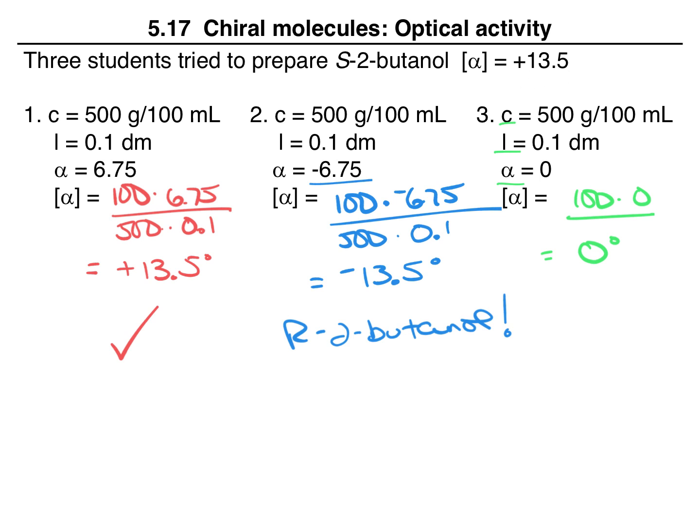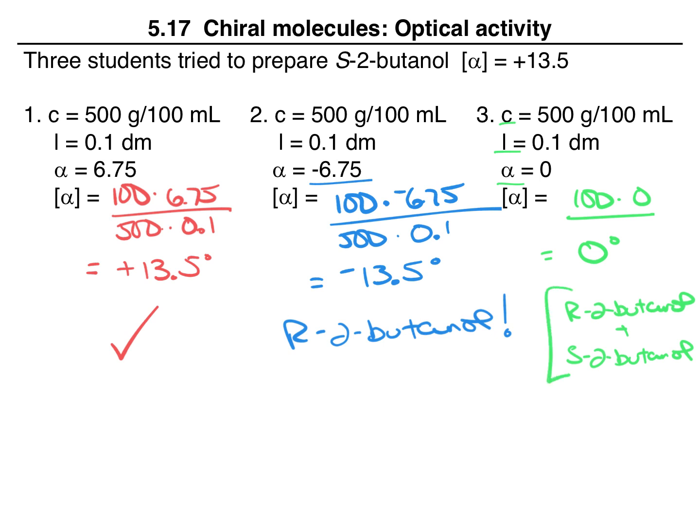Now, what's going on with student 3? If IR and other evidence confirms that they made 2-butanol, but there is no optical activity, what must have happened is that this student made a mixture of R-2-butanol and S-2-butanol.